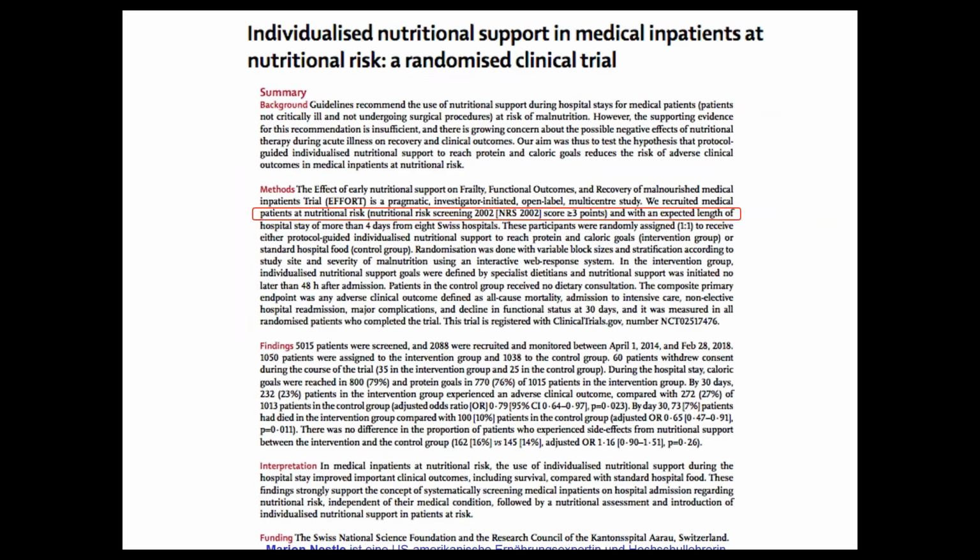Now, this study, which I think is an important study, tested the hypothesis that patients that are marginally or poorly nourished might do better if, while in the hospital, if they're in there for at least 4 days, somebody paid attention to their nutritional status.